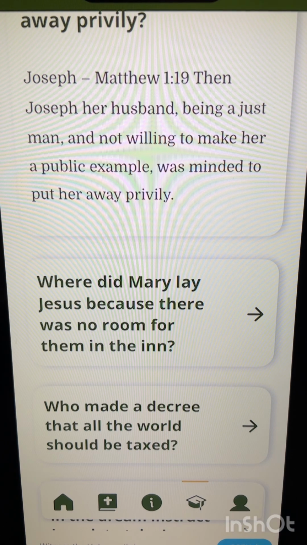And that is in Matthew chapter 1, verse 19, which says, Joseph her husband, being a just man and not willing to make her a public example, was minded to put her away privately.